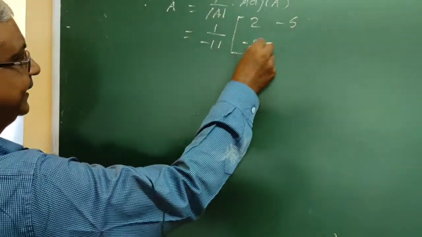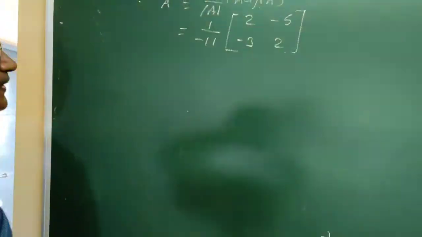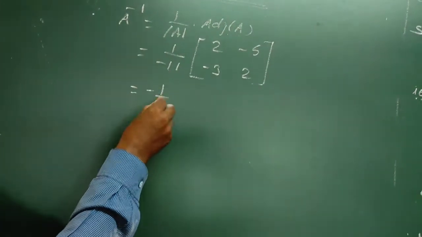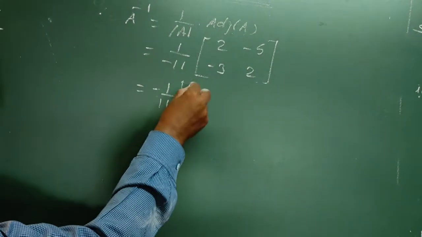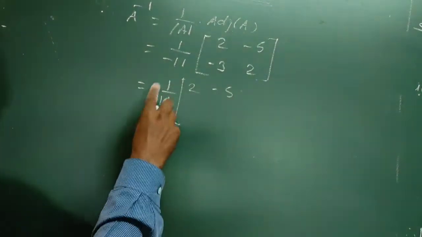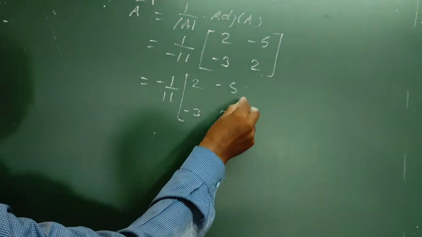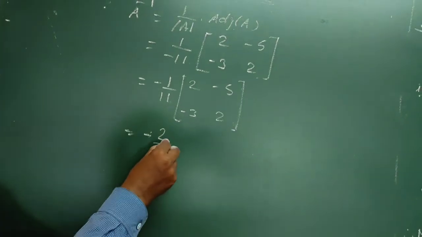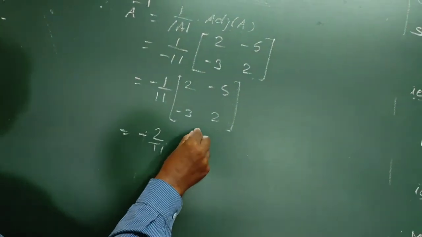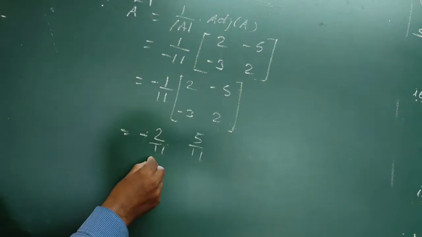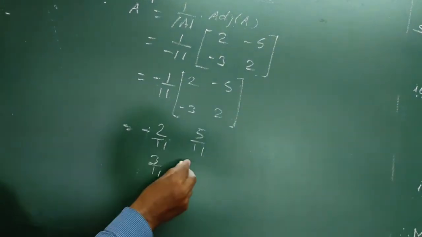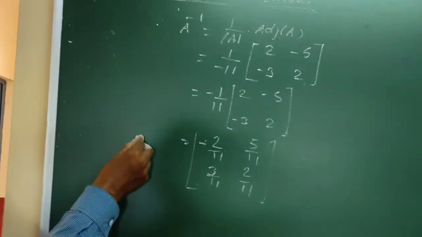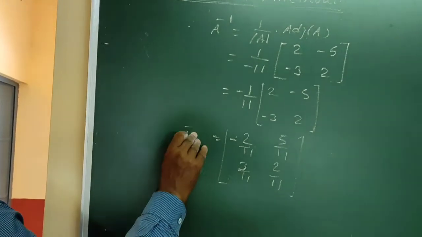We multiply it, that is minus 1 by 11 into 2, minus 5, minus 3, 2, and this becomes minus 2 by 11, 5 by 11, 3 by 11 and 2 by 11. So this is your inverse by the adjoint method.